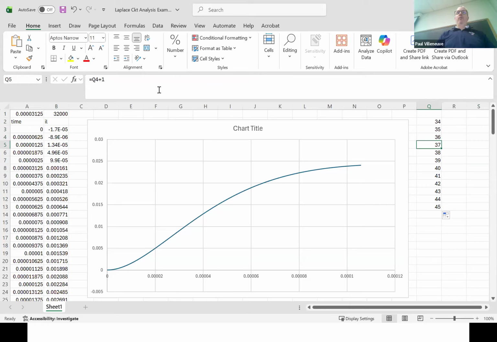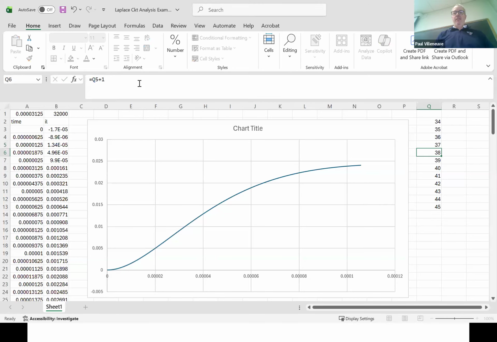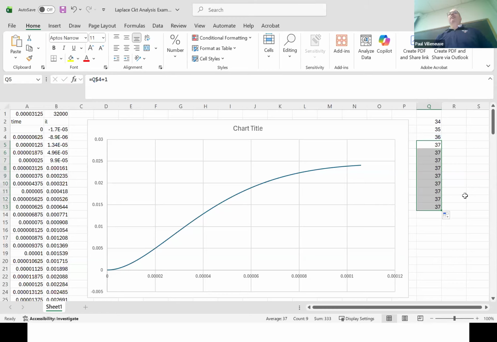So I'm going to say it's Q4 plus 1, but I'm actually going to put a dollar sign here. And watch what happens. Here's my dollar sign. It doesn't update it. So putting the dollar sign locks it into position. I can also go this way, dragging these over here, and you can see QR, it updates that way.